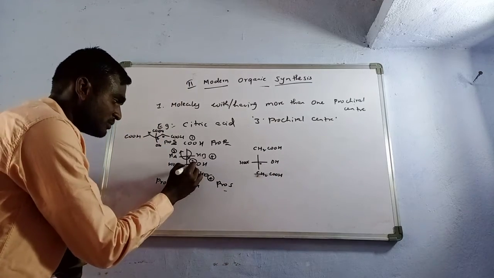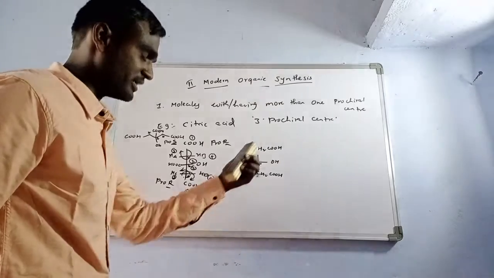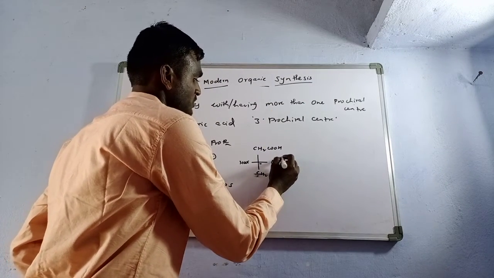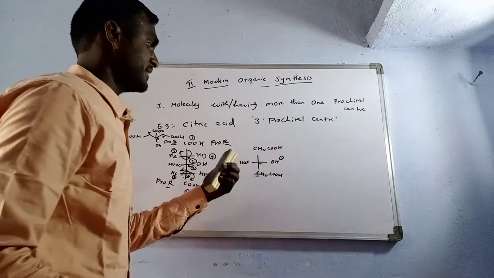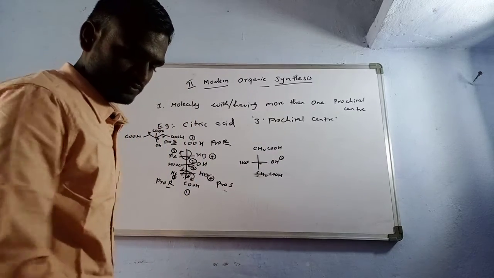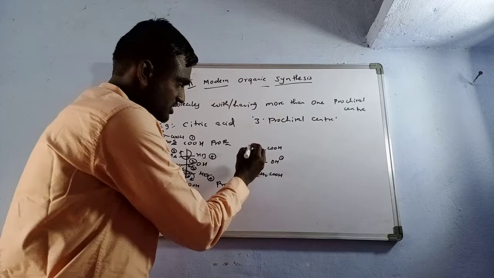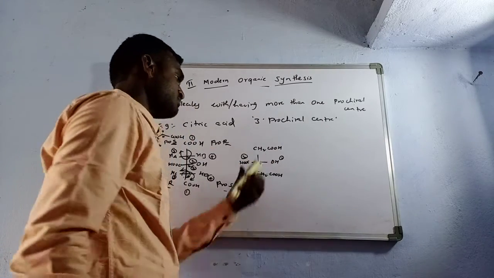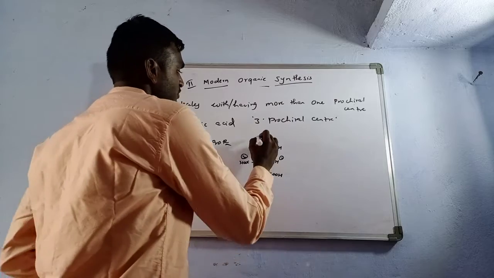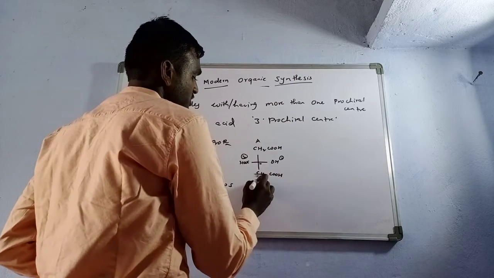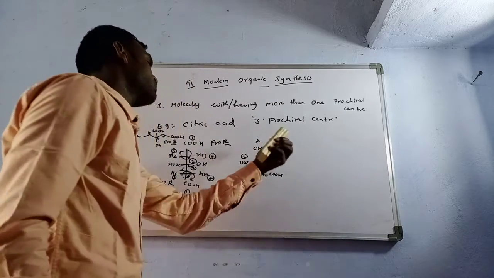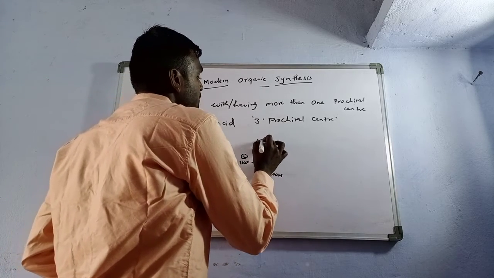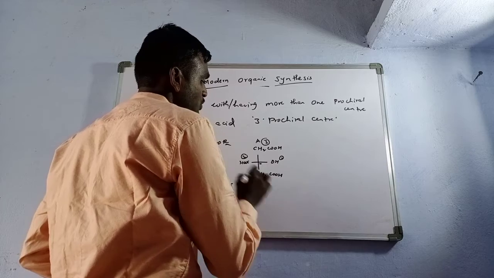Now we take the molecule in this way and assign priorities. This is the first priority, and next, this is the second priority. If these two are the same groups, we have to label this A and this B. If we take this group as the third priority, then the fourth priority follows.